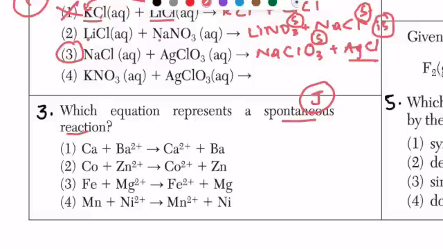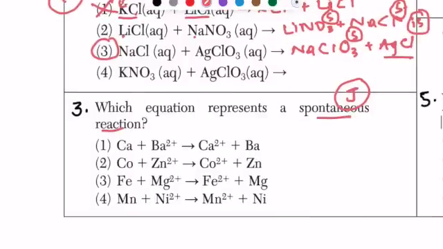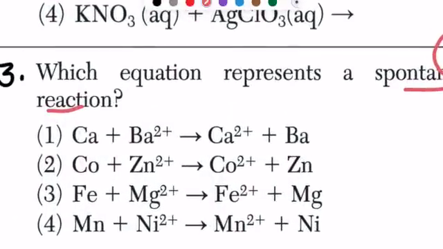In the first example, we have calcium trying to replace barium. Or you can also think about your oxidation-reduction reaction in this case if you're not sure which thing is losing and which thing is gaining. Because calcium goes from 0 to +2, that means calcium is losing electrons, it's becoming more positive. So that means calcium is trying to replace barium.